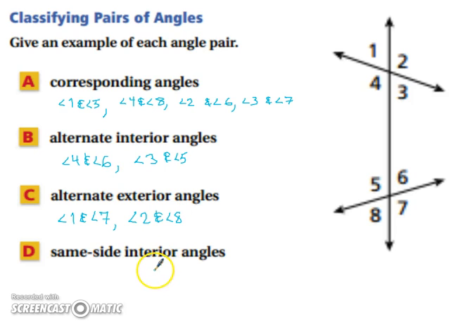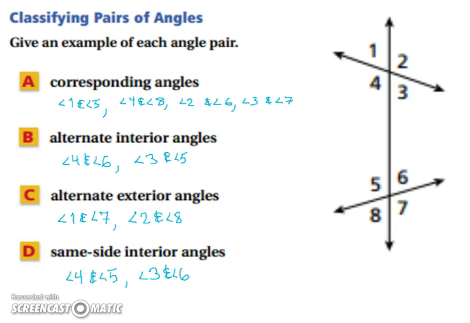Now let's look at same side interior angles. So we'd have angle 4 and angle 5. Can you find the other example? Take a moment and try. You should have gotten angle 3 and angle 6.